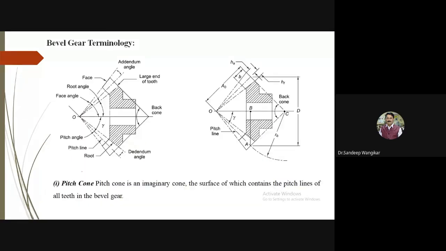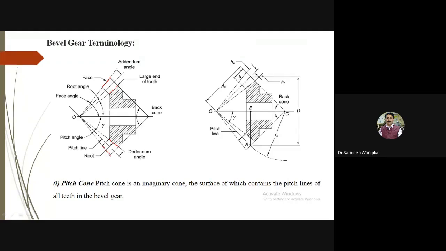By now, you have an idea. Here, I will highlight: this you can call the face, and this is the root where the gear is. So this you can call the root, and this you can call the face.